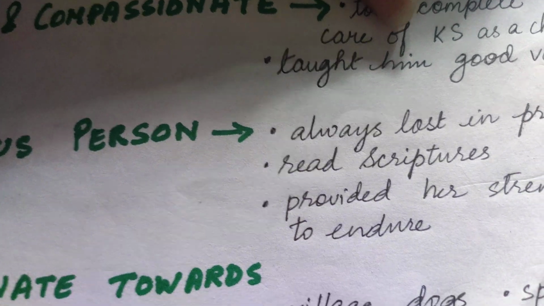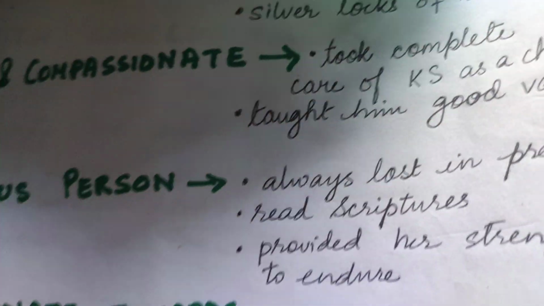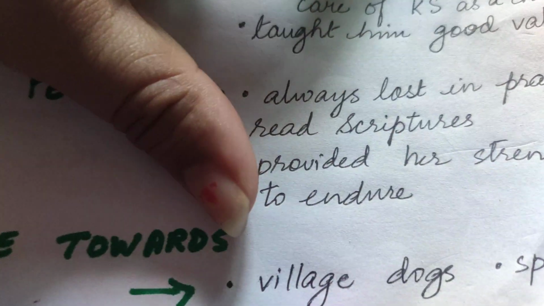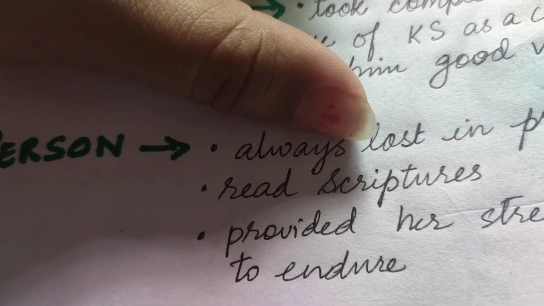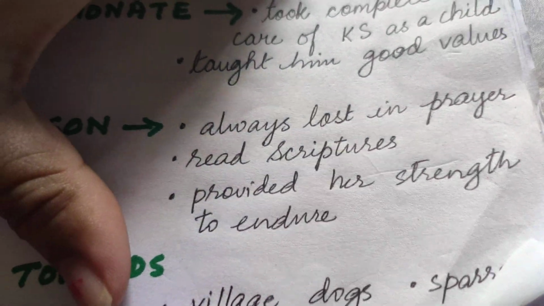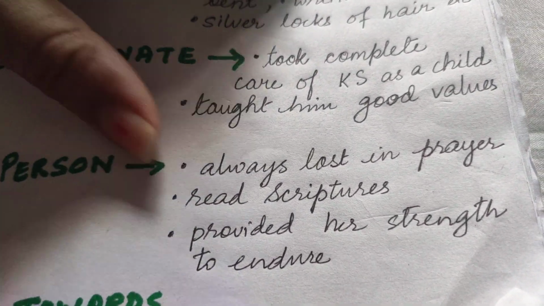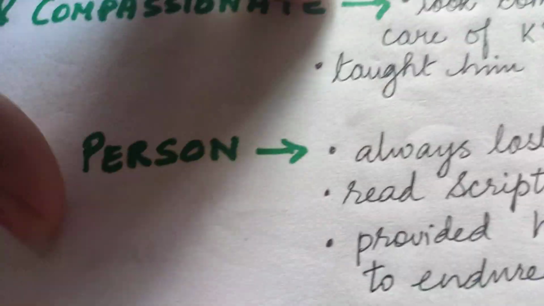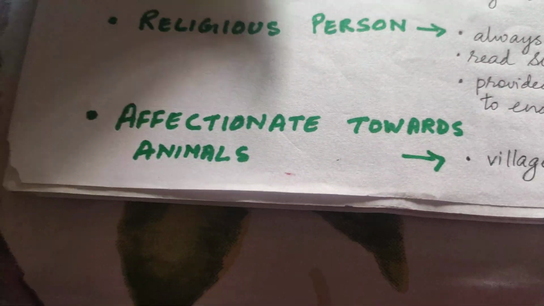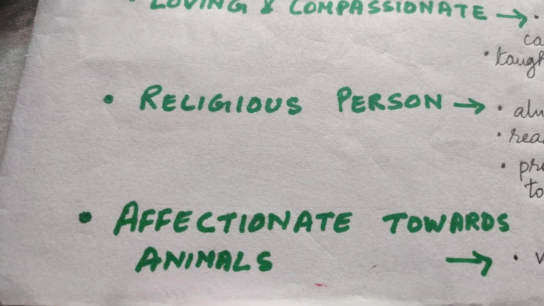She would be constantly chanting the prayers. Whenever she took the grandson to school, she would be sitting in the Gurudwara, in the temple, and reading the scriptures. It is possibly because of the religion that she got the inner strength to endure all that she came across. So, religious quality is another important quality that you have to talk about.